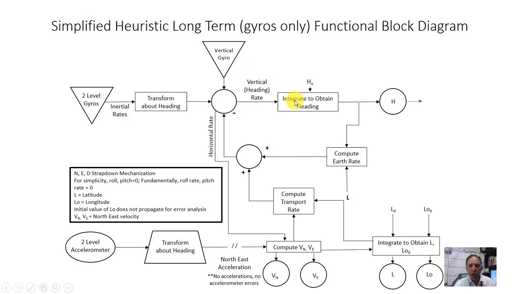The integrators are shown over here. This integrator represents the heading integrator, and the integrators to obtain latitude and longitude are shown over here. We'll refer to the equations that represent this block diagram in future slides.